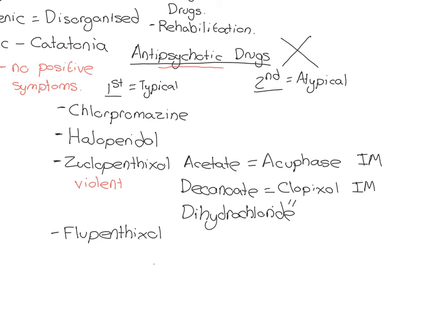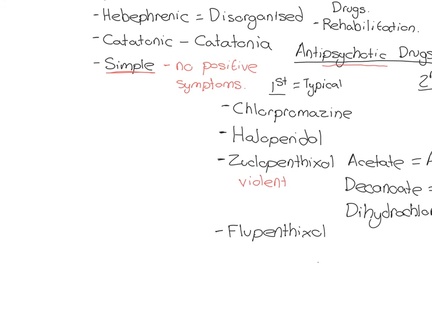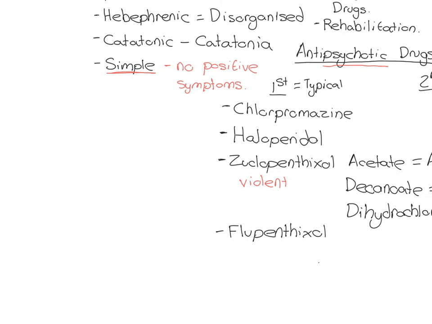Okay, so let me now talk about the key side effect of the first-generation antipsychotics. So we'll come over here and have some space. The absolutely key side effect of the first-generation antipsychotics is the extrapyramidal side effects. For short, these are abbreviated to EPSEs.